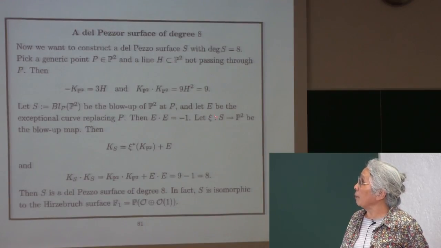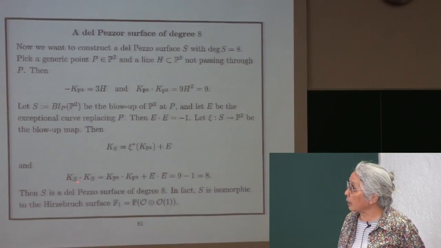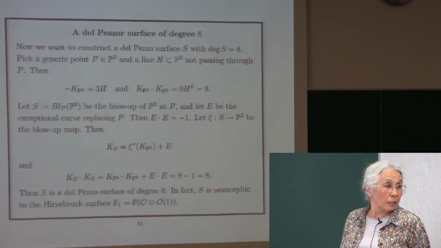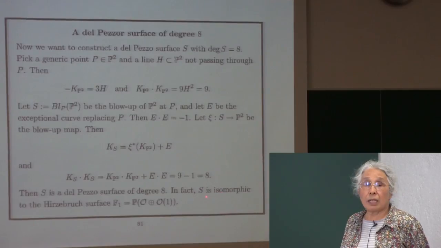Let pi be the blow-up map. Then you can compute the canonical bundle: K_S is the pullback of K_P2 plus the exceptional divisor. If you compute the self-intersection of the canonical bundle, it is 9 minus 1, so you get 8. So this is exactly the del Pezzo surface of degree 8.